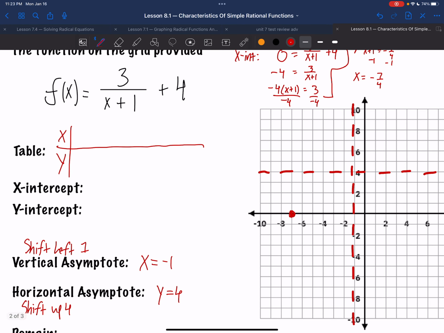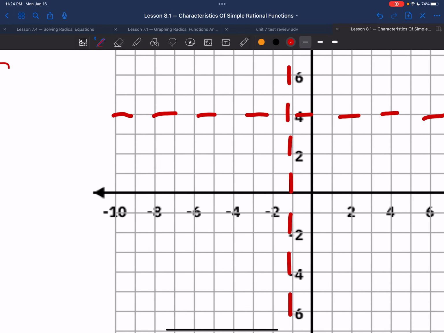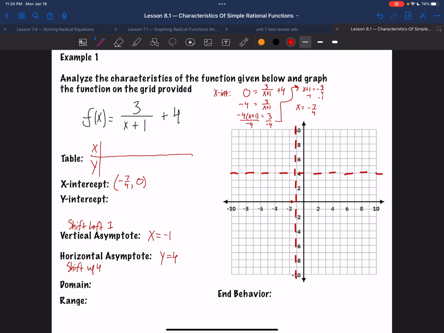So your x-intercept is at negative 7/4, comma 0. And I think that makes sense. Yeah. So let's graph that. That's about negative 1 3/4. Probably about right here. Not quite at negative 2. Yeah?